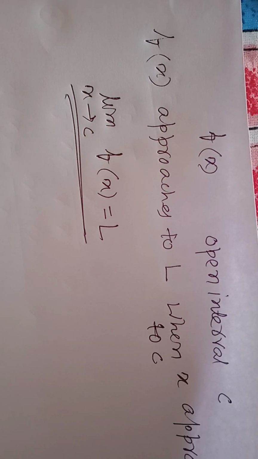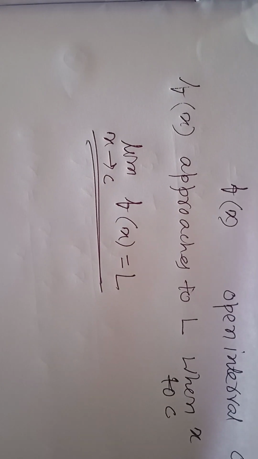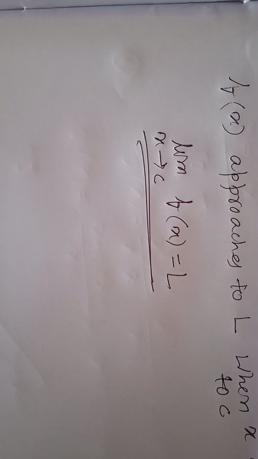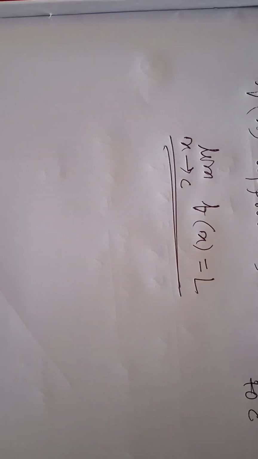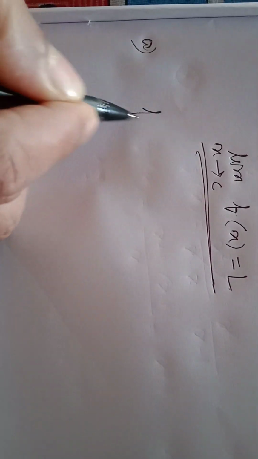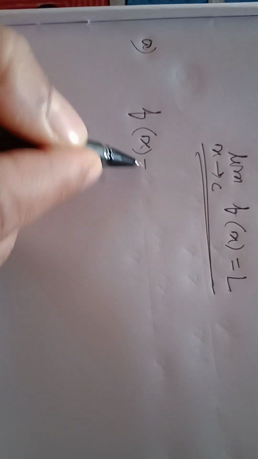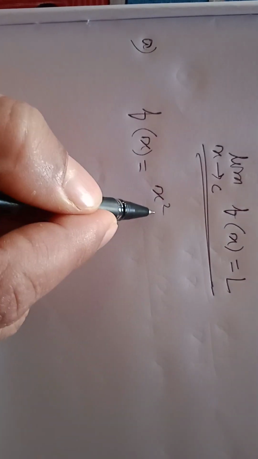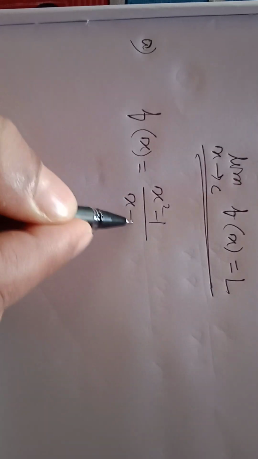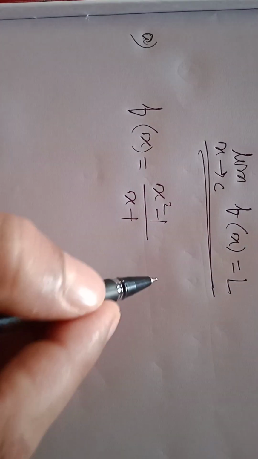Now think: the limit of a function at a point does not depend on how the function is defined at that point. Consider the functions. Suppose (a) f(x) equals (x squared minus 1) by (x minus 1).